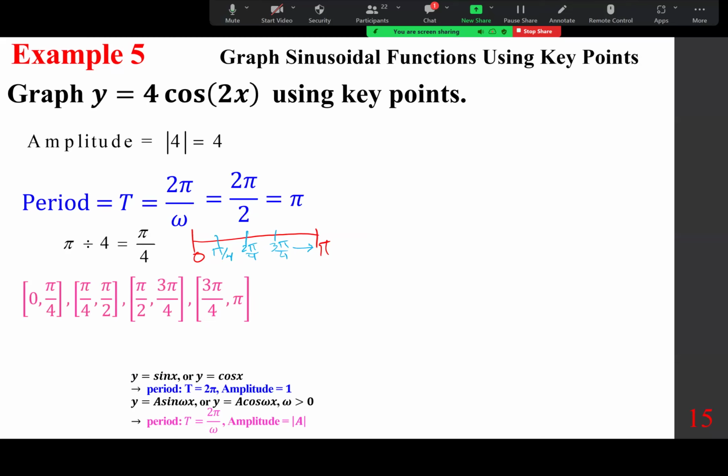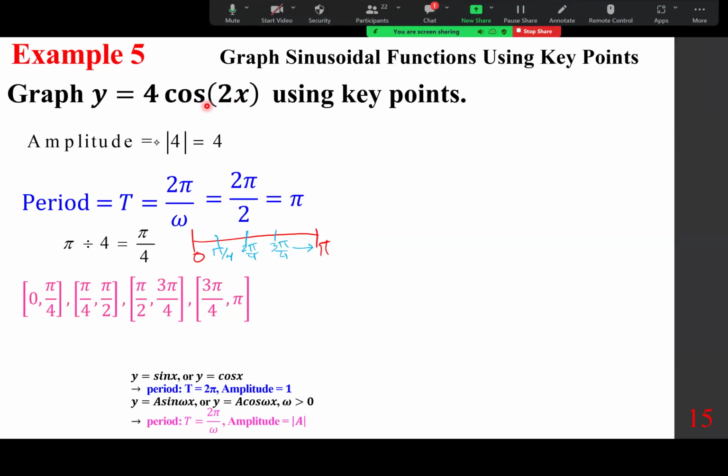So the sub-intervals are as follows: 0 to pi over 4, pi over 4 to pi over 2. I put 2 pi over 4 on purpose so you see how we get that. And then 2 pi over 4, meaning pi over 2 to 3 pi over 4, and 3 pi over 4 to pi. So let's plug in each endpoint. I'm going to plug in 0 here.